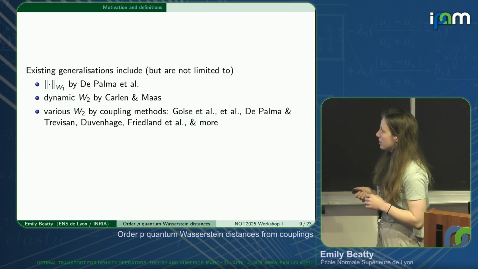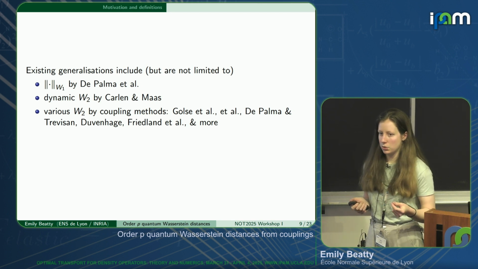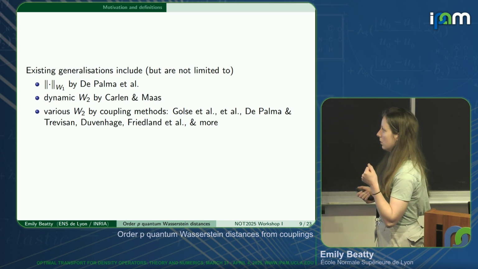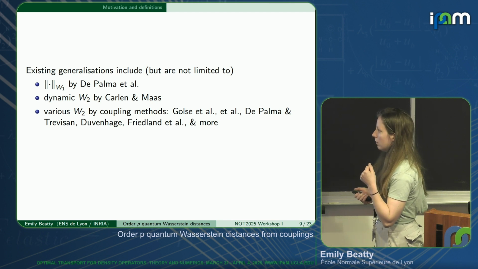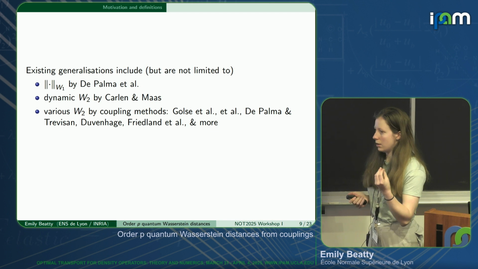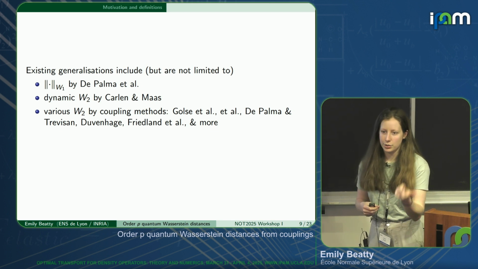One thing you will notice is that none of these have any flexibility in the order P. And also, the generality with respect to the underlying geometry is fairly restricted.